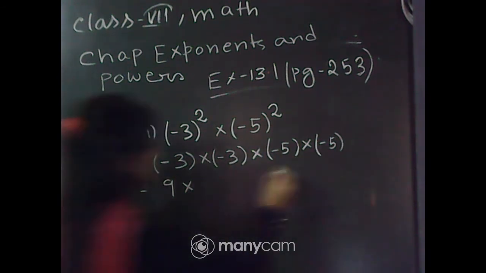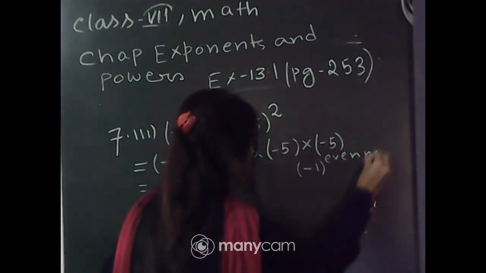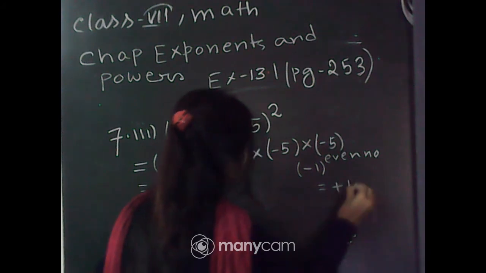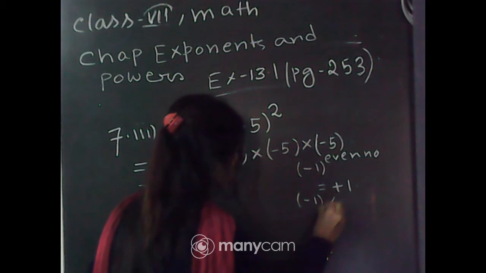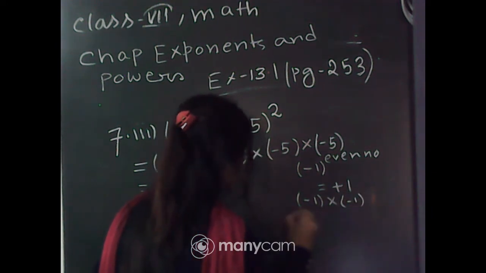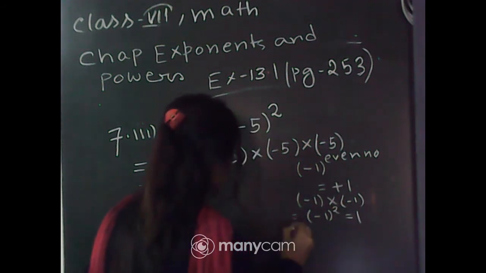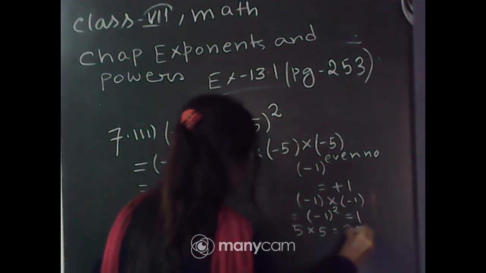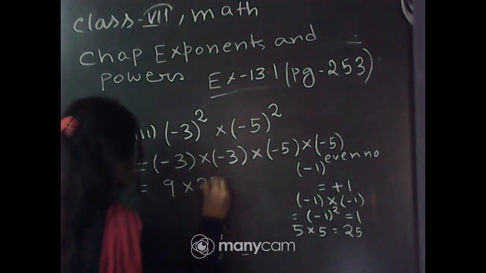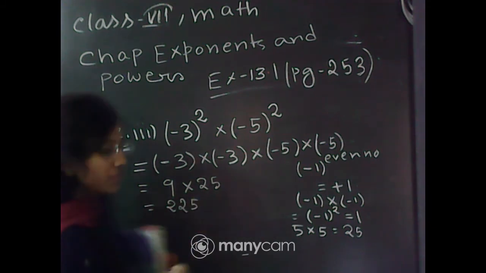In the previous class I have discussed this. So minus 1 into minus 1, that is minus 1 square, is equal to plus 1, and 5 cross 5 is equal to 25. And the answer is 225.